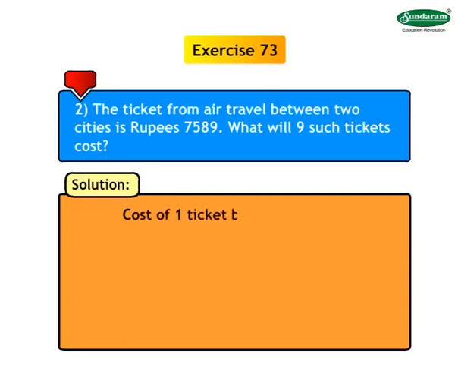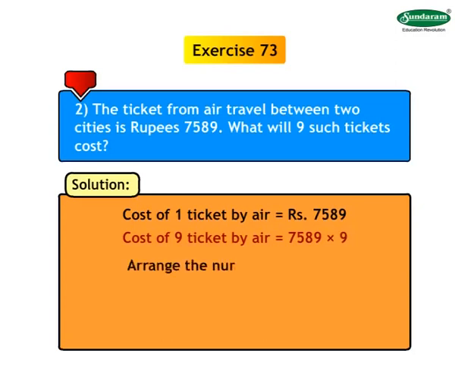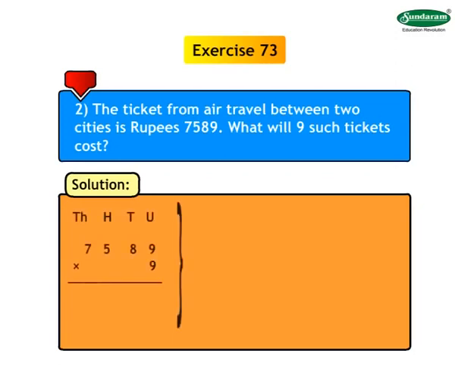Cost of one ticket by air is equal to rupees 7,589. Therefore, cost of 9 tickets is equal to 7,589 into 9. Arrange the numbers vertically. As we have learnt, start multiplying from the units place.